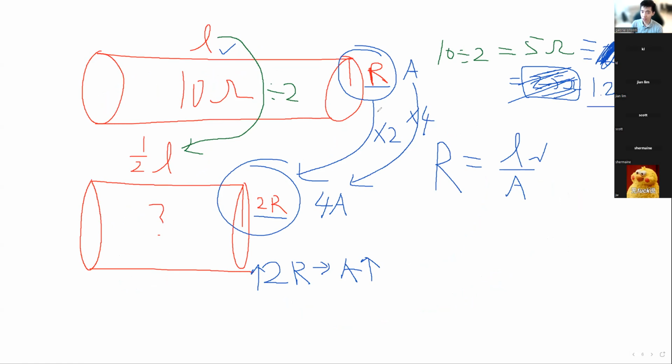Double R means here is a multiplier of 2, right? What did I say just now? If your radius multiplies by 2, how will your area be affected? It will be multiplied by 4, right? Meaning to say, if let's say this was area A, then a multiplier of 4 means that this area will be 4A, right? So if I multiply by 4, it should be divided by 4 here, which will get you 1.25.